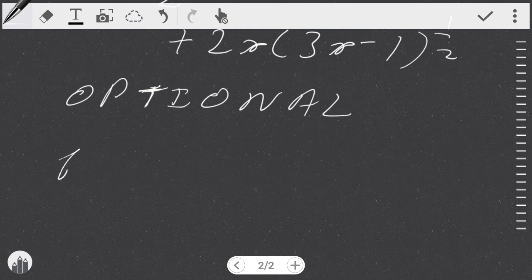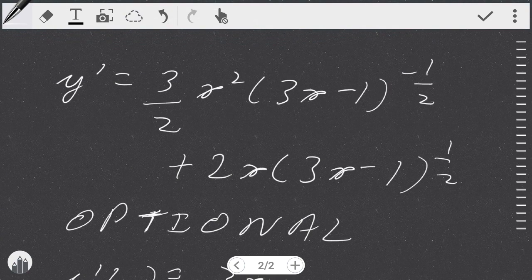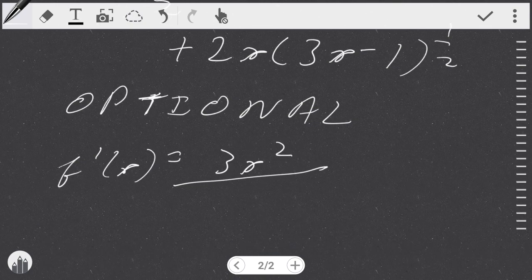That would simply be f dash of x equals 3x squared over 2 square root of 3x minus 1.